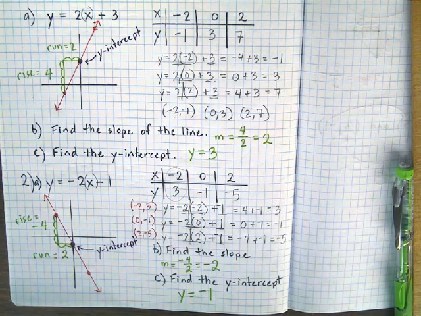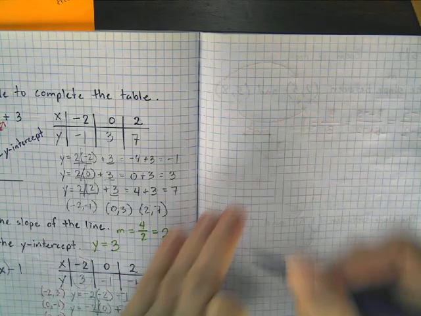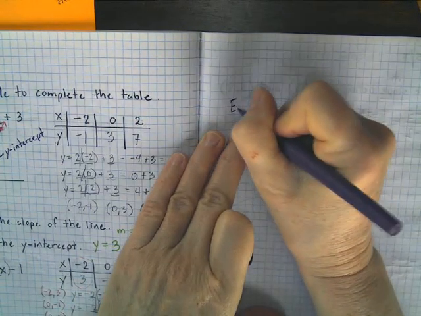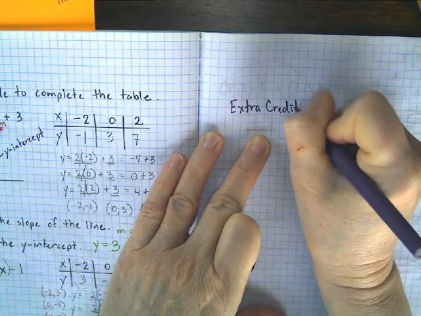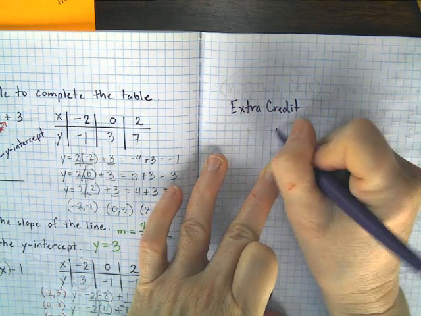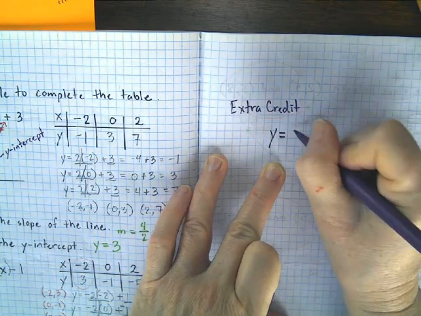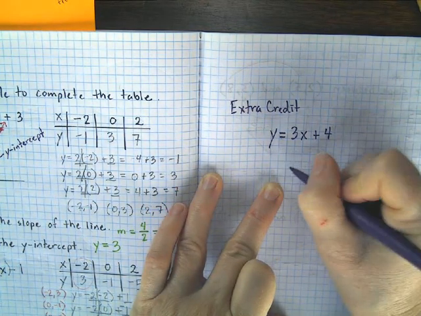Okay, I'm going to give you a bonus question. I'm going to give extra credit. Here's an extra credit question. If I say y is equal to 3x plus 4, can you tell me what's the slope?